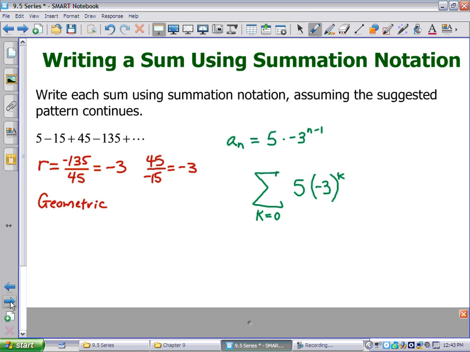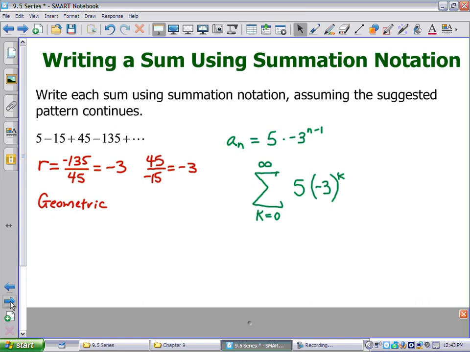Now, where you look to what's the last term, because this has a dot, dot, dot up above, we're going to say that it's going to continue to infinity because it doesn't really give you an end or a finite number where it's going to stop. So we're going to say it's carrying on infinitely, so we're going to just use the infinity sign. All right, so here was your sigma notation for the first one.